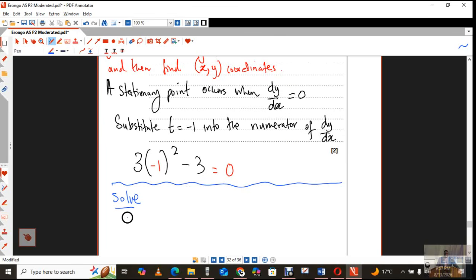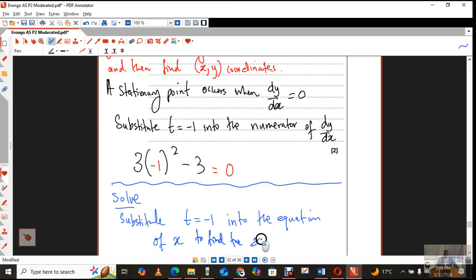You are going to substitute t equals -1 into the two equations. So first into the equation of x to find the x coordinate, and subsequently we're going to do the same, right?